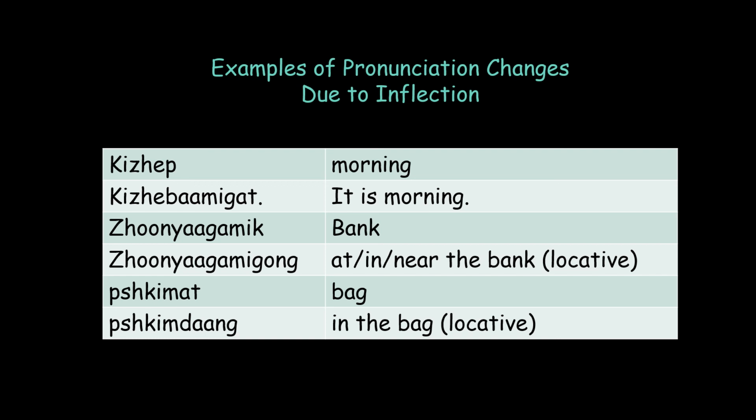Adding a suffix changes the K to more of a G sound. Zhonyagumagong. Pshkimut, pshkimut. And adding the suffix to make it a locative, inside the bag, the T changes to more of a D sound. Pshkimdong.